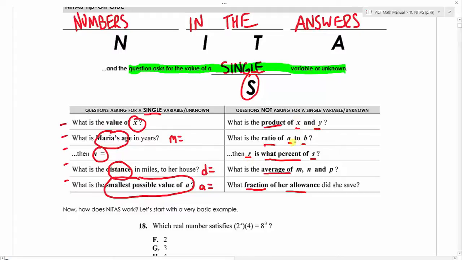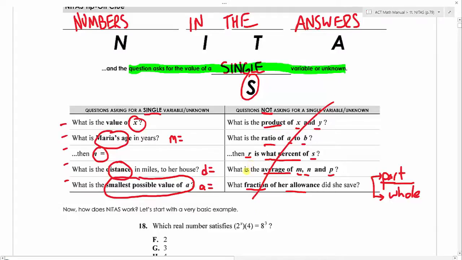So X and Y, A and B, R and S. This one's a relationship between 3. And then remember, a fraction of something is a part over a whole. So again, that would be 2 different quantities involved in what that question is asking for. So all of these examples on the right are questions that do not ask for a single variable or unknown. We generally cannot use NITAS on these questions.